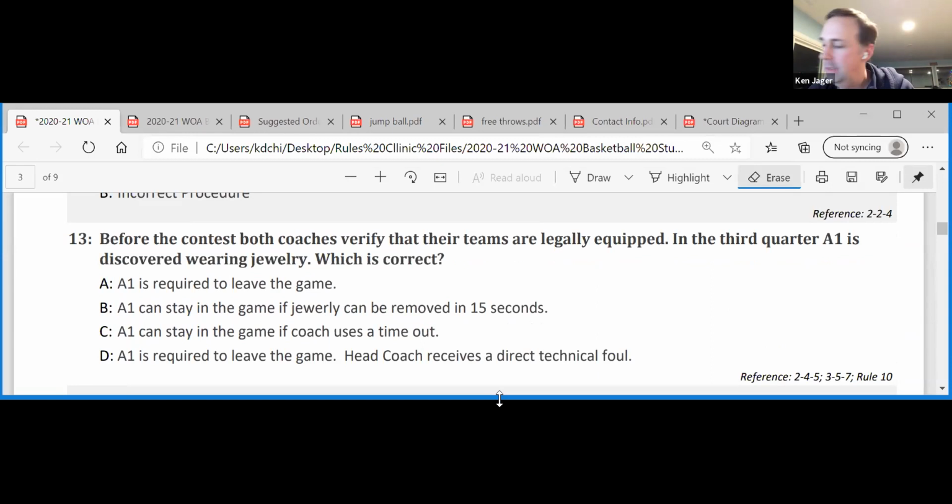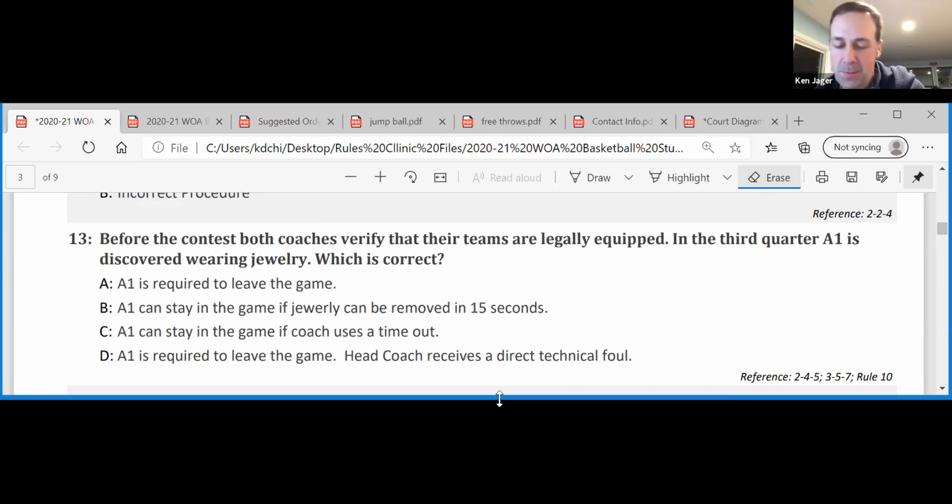Let's see here. This is one I glossed over, the clothing one. Go with C, so he can remove the jewelry using a timeout.